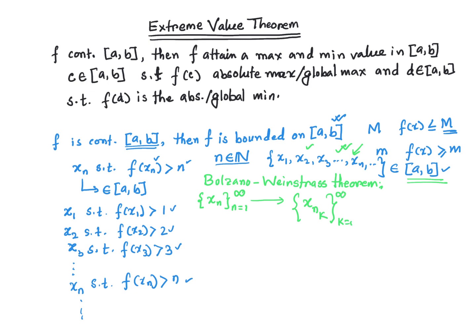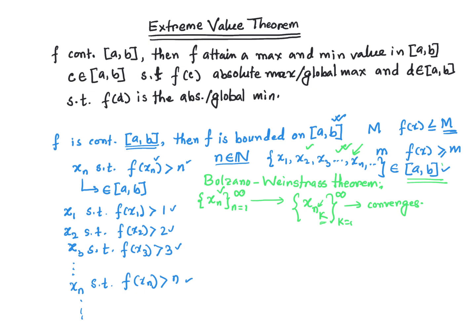This n tells you that it's coming from this sequence, and k is the subscript that's going to run through 1 through infinity, such that this converges, right?